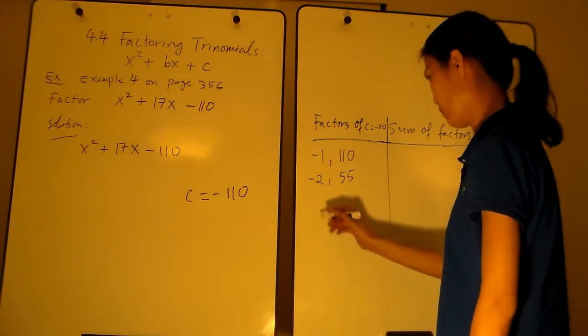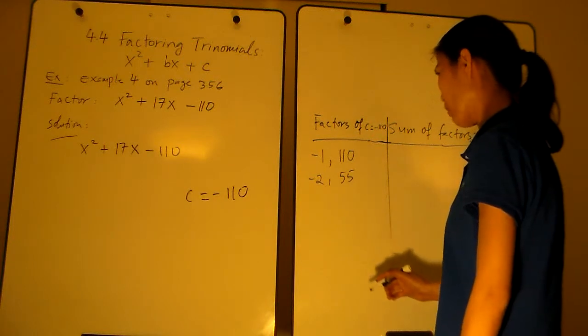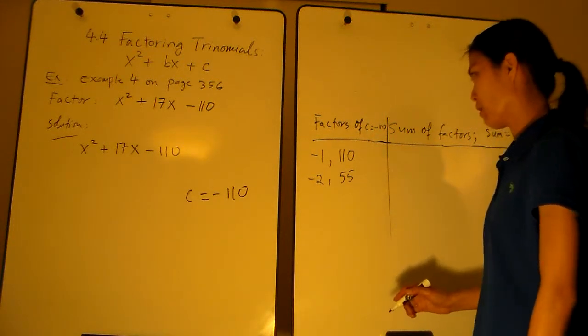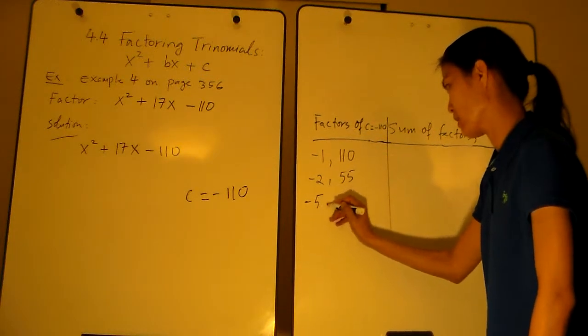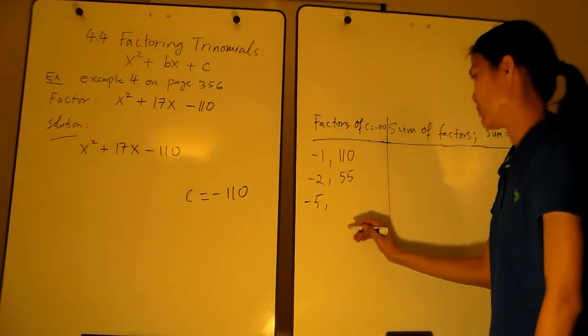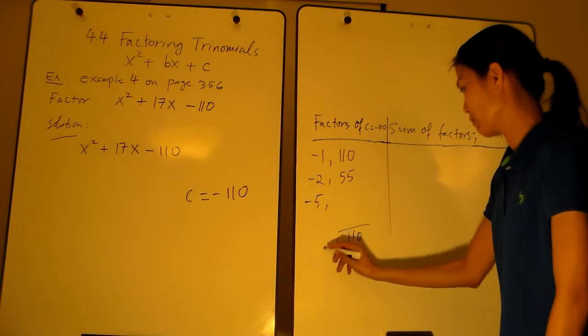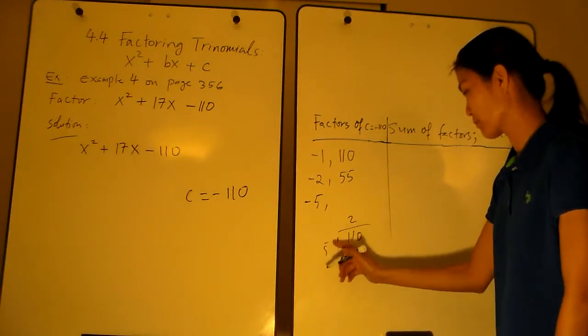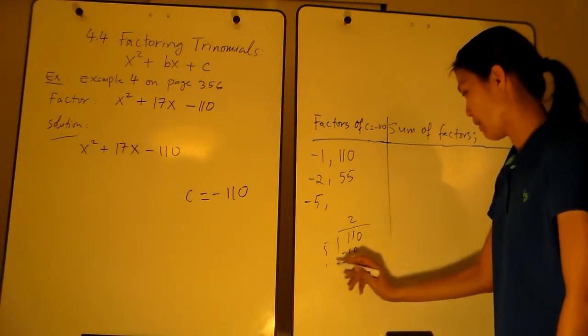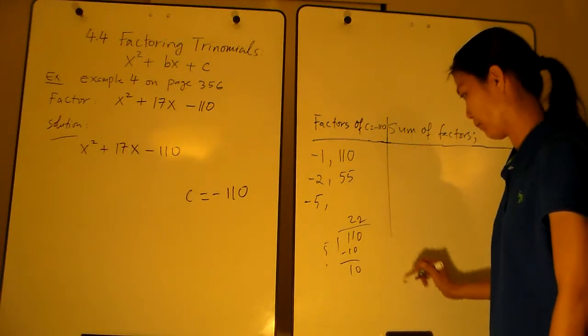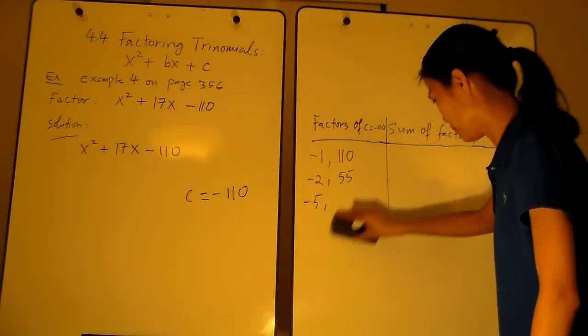Does 3 work? No. Does 4 work? No. How about 5? Yes. Negative 5, you would get 110. 110 divided by 5 is 22.